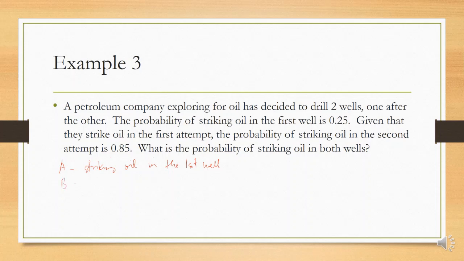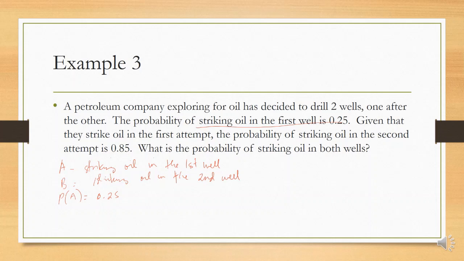Yung second is striking oil in the second well. Ayan. Ang probability na nakastrike tayo ng oil sa first well is 0.25. Mukha lang mahirap yung mga problem, but if you write down, you will get an idea anong gagawin mo, no?